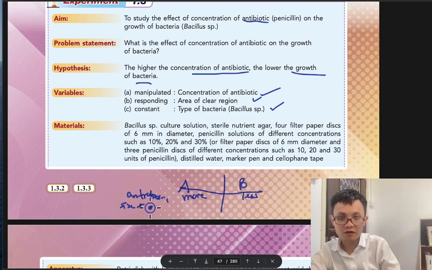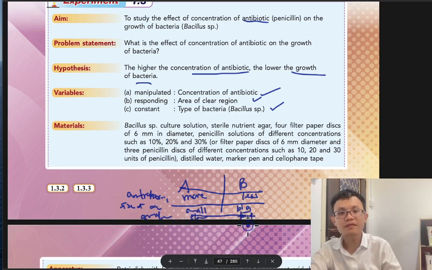Size of colony, okay, maybe for example more antibiotic, the size of colony is small, this one is big. And maybe this one I say the growth of bacteria, so here is low, here is fast.